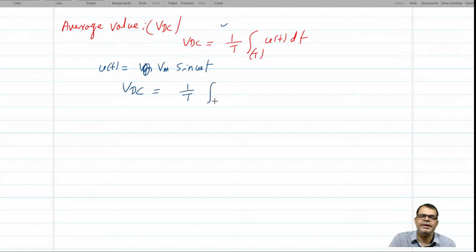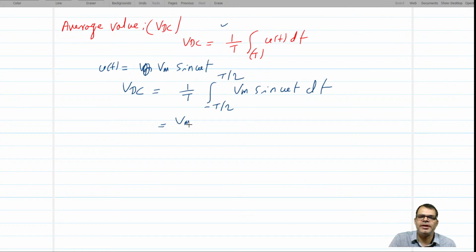over a period. I can take minus T by 2 to T by 2 or 0 to T, anything you can take. Then Vm sin omega t dt, right?